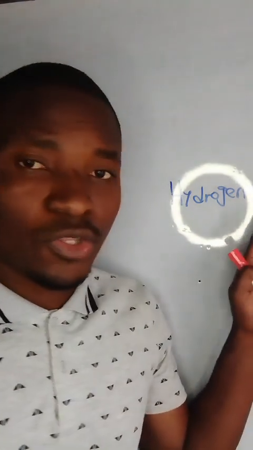Now, you have to understand that when you're looking at a chemical equation, you would have to understand the periodic table, which in the next video I'll explain, what the periodic table is all about and what it contains.